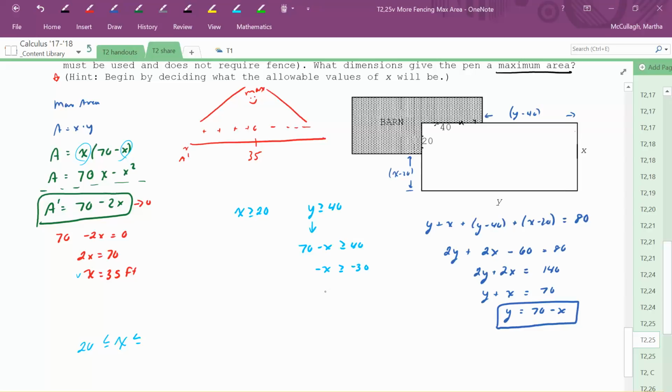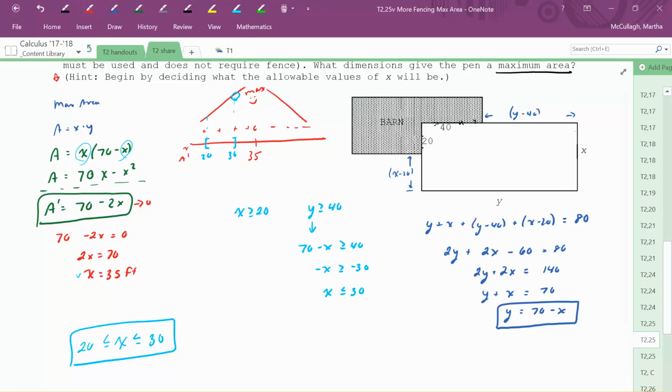Divide each side by negative 1, and x is less than or equal to 30. So we've got x is between 20 and 30. Coming back up here to our sign chart, if x needs to be between 20 and 30, where is the area largest? Well, right here, when x is 30.